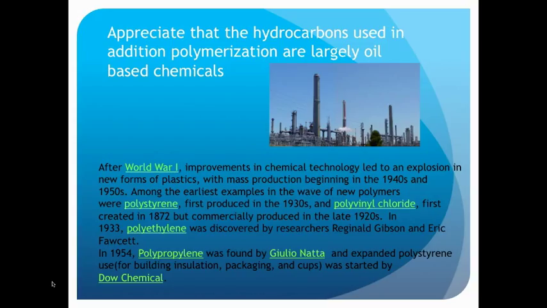In 1954, polypropylene was made, and you have seen that be the basis for packaging, for the making of paper or plastic cups, plastic plates, and even for building insulation. A leader in this was an American company called Dow Chemical.